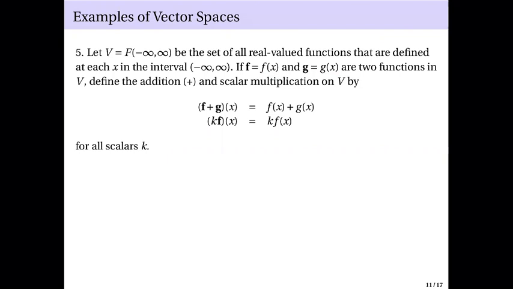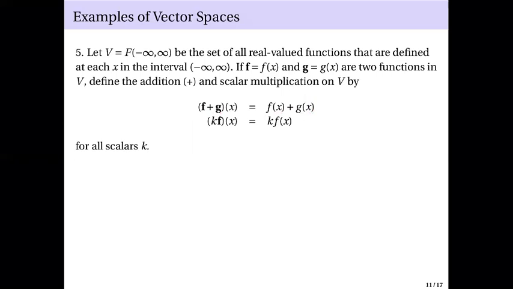The addition on V, so you add f plus g. The addition in V is just the addition of functions, f of x plus g of x. So on the left-hand side, you added the two objects, f and g. On the right-hand side, you added the two functions, f of x and g of x.